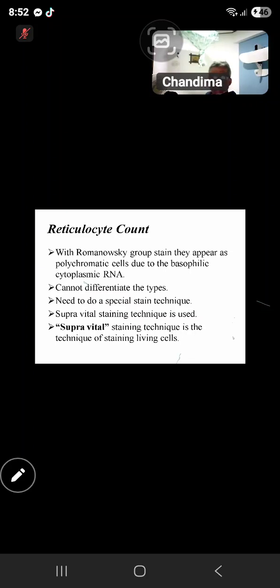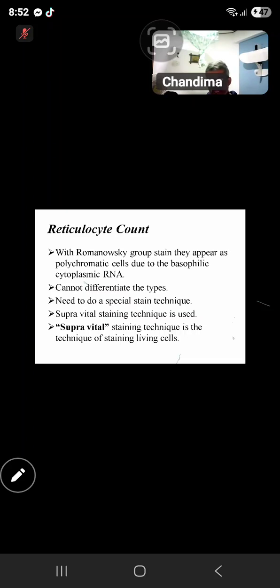As well, there is an adjustment of the reticulocyte count according to the patient's PCV or HB, right? Adjustment of the reticulocyte count can be done according to the patient's PCV or HB. If the patient is anemic or has a low PCV, we can adjust, right?